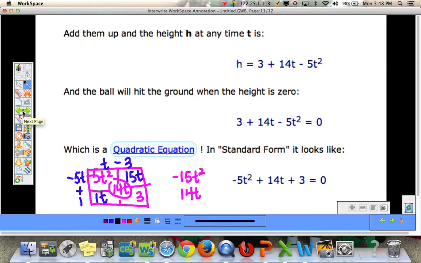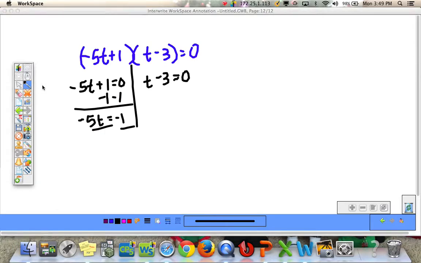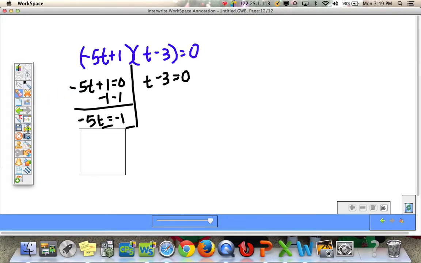Oh, did I put my negative in the wrong spot? Oh, I did put my negative in the wrong spot. I apologize. So this should have been a negative here. And we'll make that positive. This will be positive. Okay, so that changes my answer. Let's start here again.